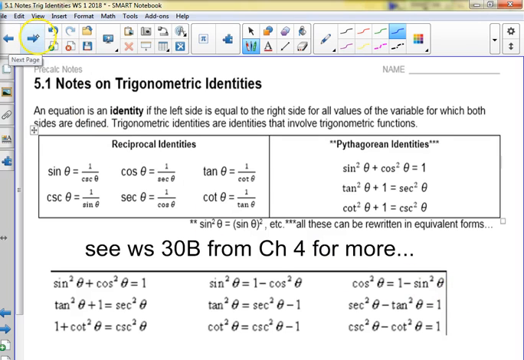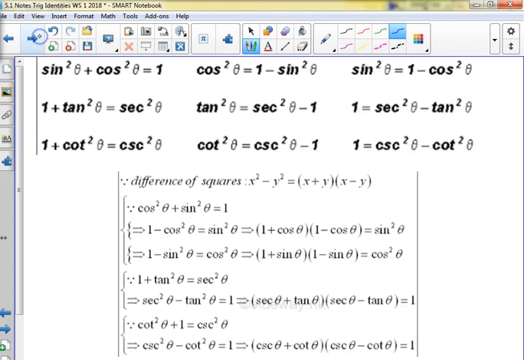Those are not all on there, so you need to be able to rearrange them in your head or on paper. But if you look on worksheet 30B, there's a whole big list of them, including this one. Cosine squared equals 1 minus sine squared.